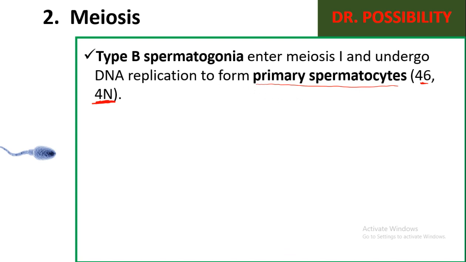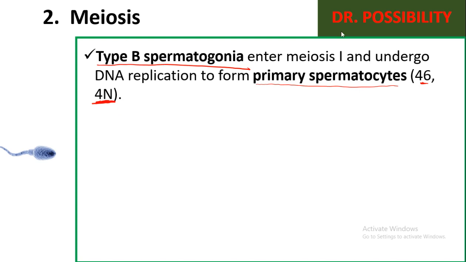They are coming from the type B spermatogonia, which came from the what? The type A, and the type A came from the primordial germ cells. And these primordial germ cells came from the walls of the yolk sac. So now this type B has differentiated into primary spermatocytes. A lot of people will not tell you about this 4N. It's very important for exams.